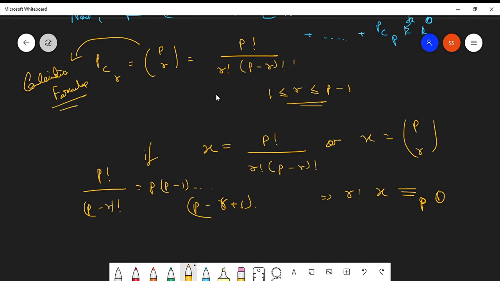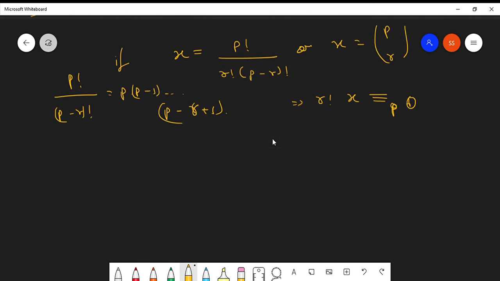So this actually gives you 0 mod p, where p is a prime. Now see one thing key. From here we actually get that either p divides r factorial or p divides x.